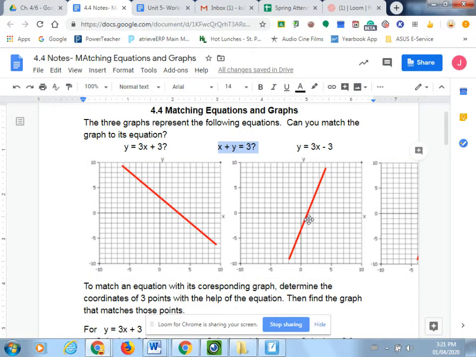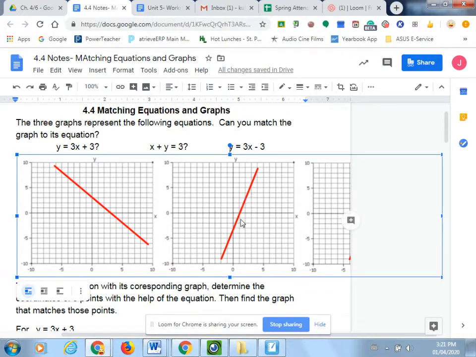If I look at the second graph, same thing as I did for the first one, I'm going to pick some points that are clearly visible. This one right here is fairly visible: x is 1 and y is 0. Does 3 times 1 plus 3 equal 0? No, so it does not work here.